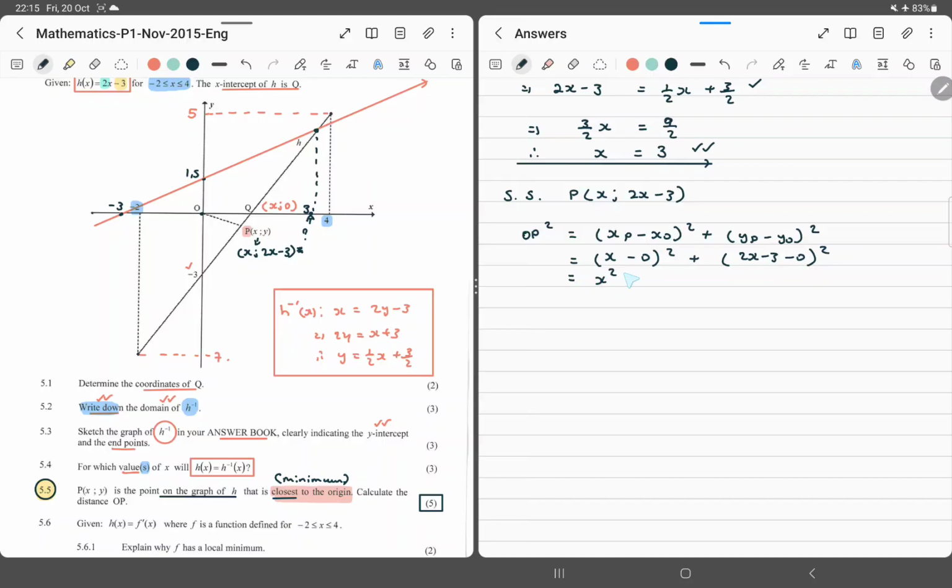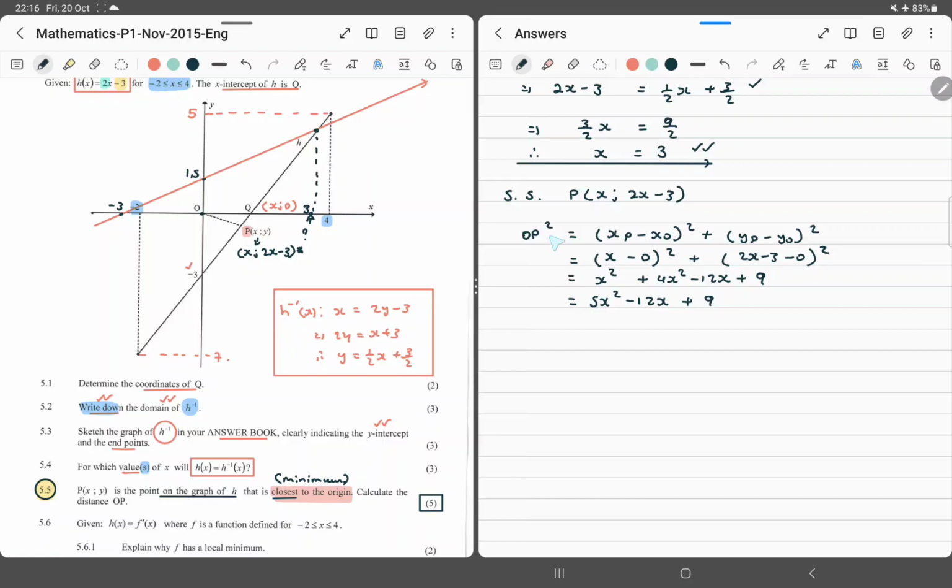So this is basically x squared plus, we FOIL this out, it's going to be 4x squared. 2x times 3 it's minus 6x, minus 6x times 2 it's minus 12x, minus 3 squared is 9 plus 9. And then we sort out our like terms here. We've got essentially x squared and 4x squared is going to give us 5x squared minus 12x plus 9.